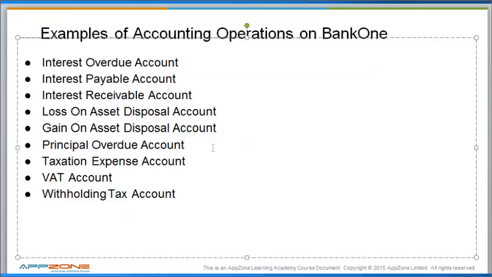We also have another type of operation called principal overdue account operations. What this account does is, for every principal that a customer defaults in repaying, such principal amount is automatically posted into this account called principal overdue account, meaning due and unpaid principal.